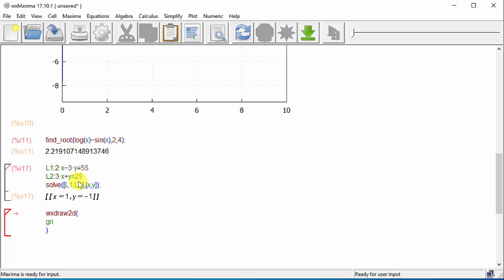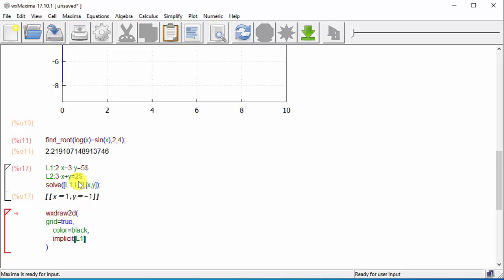We want grid equals true, comma. Let's see, we want color equals black, comma, and then we're going to do implicit, and we want to do L1.